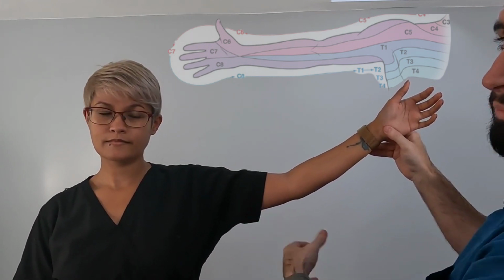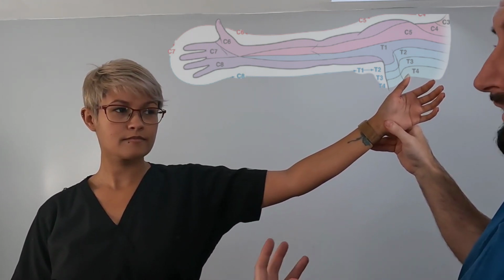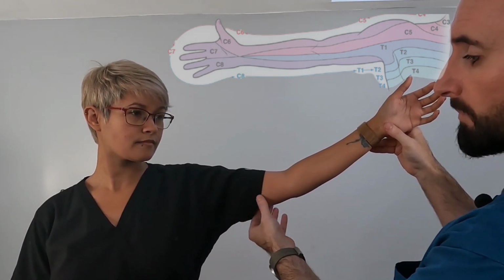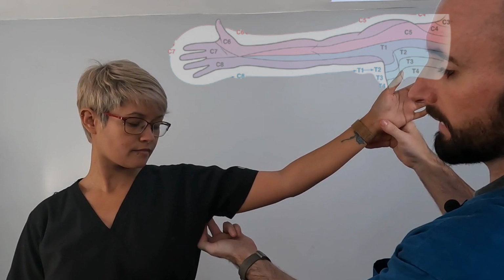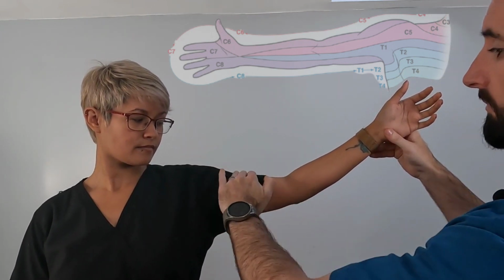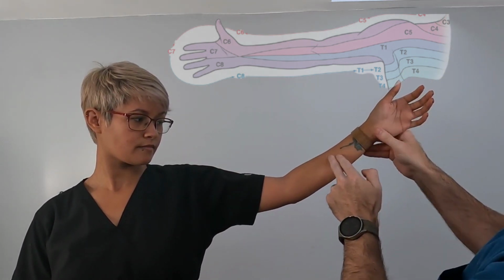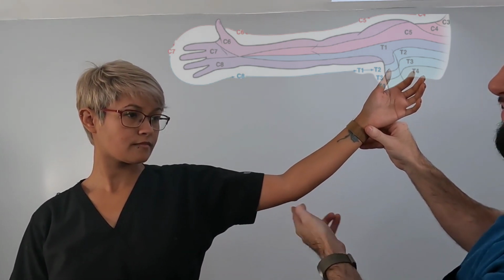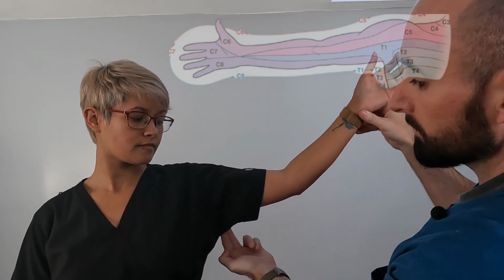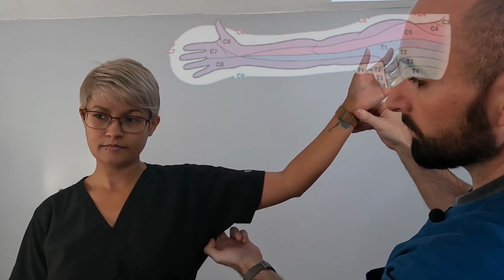And then T1, which is not part of the brachial, T1 is the upper part, but T2 is up at the very upper inside aspect of the axilla. So we have C5, C6, C7, C8, and T1. Again, T2 is not part of that complex, but can be assessed along with it.